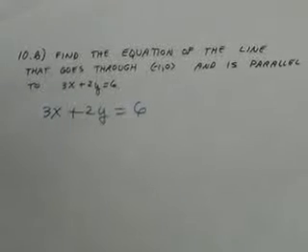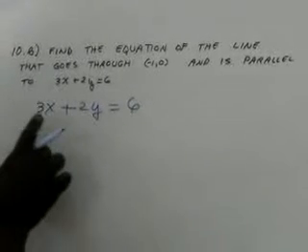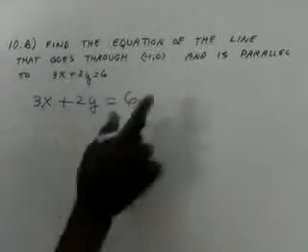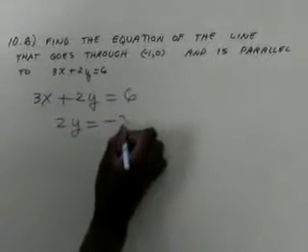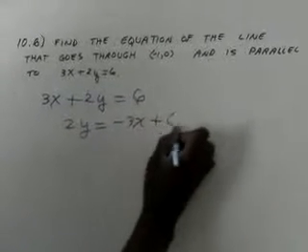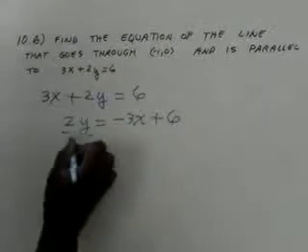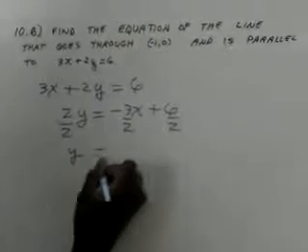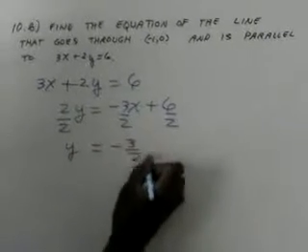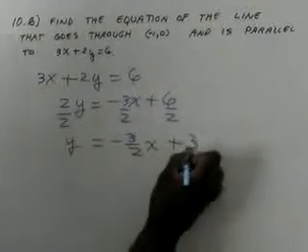I want to put it in slope-intercept form. I'm going to subtract 3x over to the other side. 2y is equal to negative 3x plus 6. Divide everything by 2, and I get y is equal to negative 3/2 x plus 3.